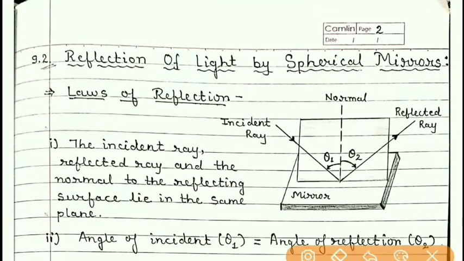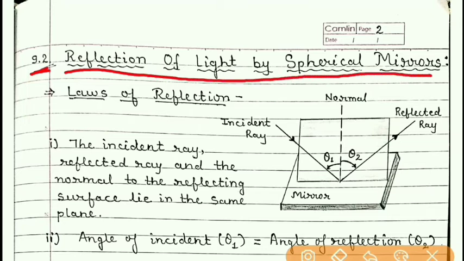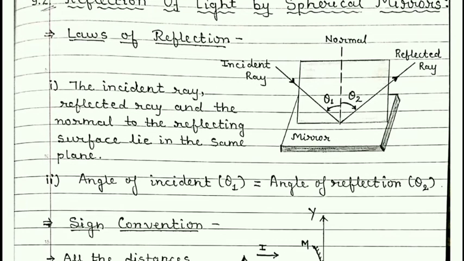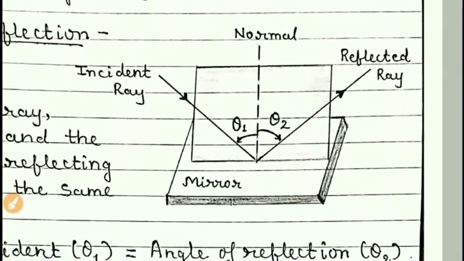Now topic number 9.2, reflection of light by spherical mirrors. In this, first we will study the laws of reflection. Students, to understand these laws of reflection, let us see this figure.